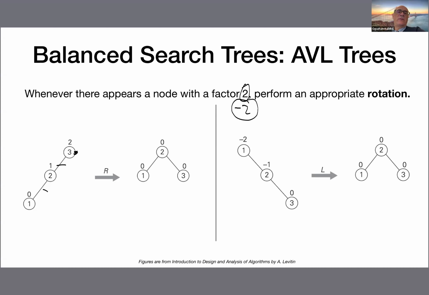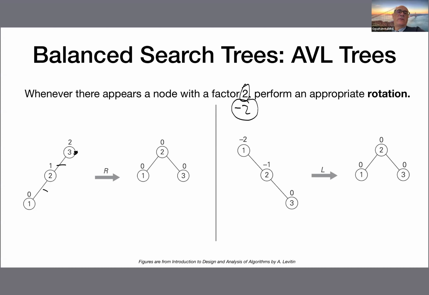So if you would like to add something new here, let's assume you don't have this one yet, and then you have this 3. So once you have this 3, it is balanced. Whenever you insert something to here, or to here, it doesn't matter.